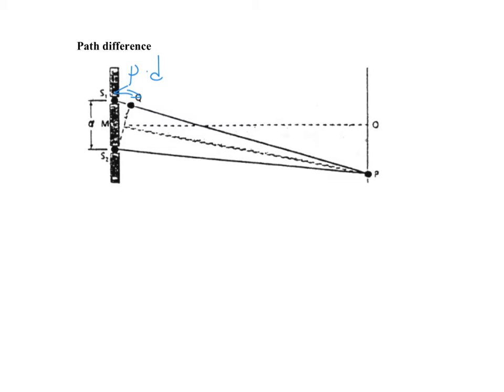Now let's say the wave coming in from S2 reaches point P first. The wave from S1 has to travel an extra distance. Let's say the extra distance is equivalent to one wavelength.